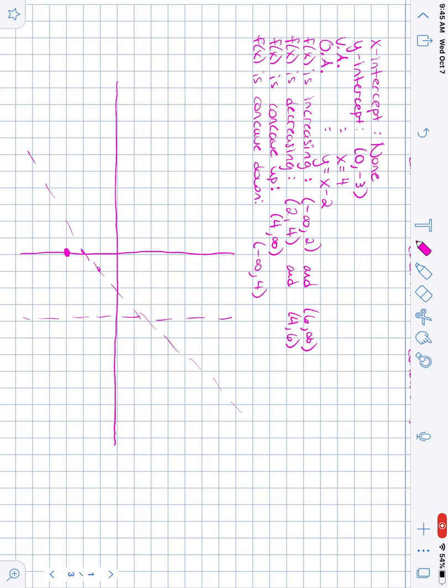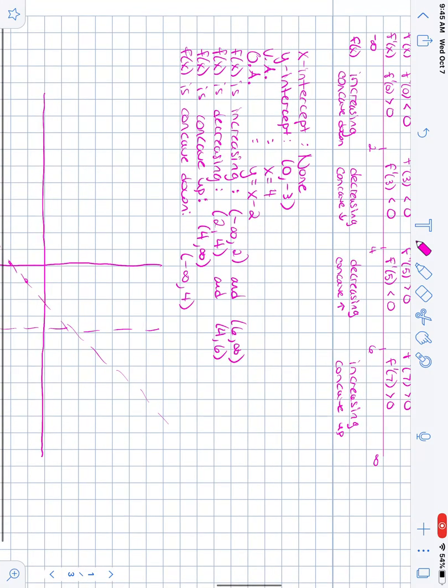I can tell because the function changes from increasing to decreasing at x equals 2, so the first derivative changes from positive to negative. I know that at x equals 2, we're going to have a relative maximum. And so I'll have to plug 2 in to figure out where that is.